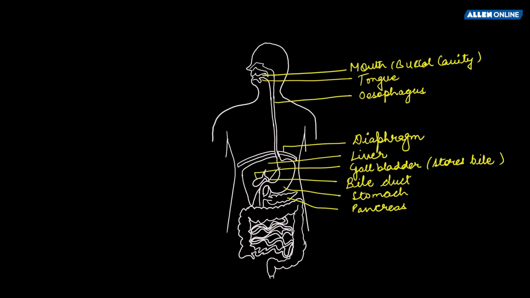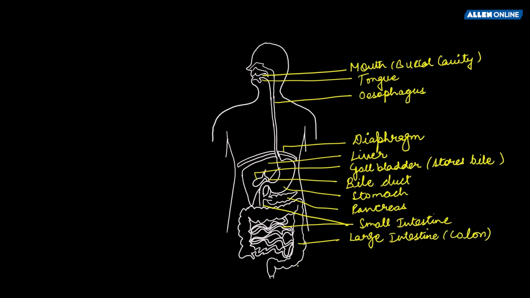Now we are going to label the small intestine. So this part and this entire coiled part is the small intestine. So label it like this. And now the large intestine, in which this segment represents colon. And then the anus part.